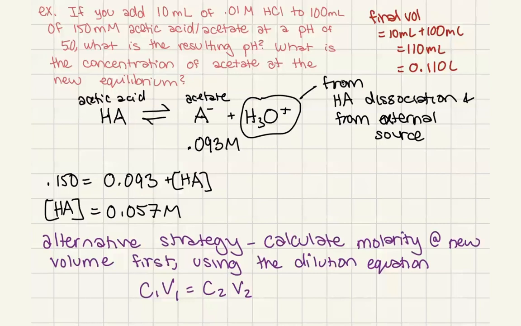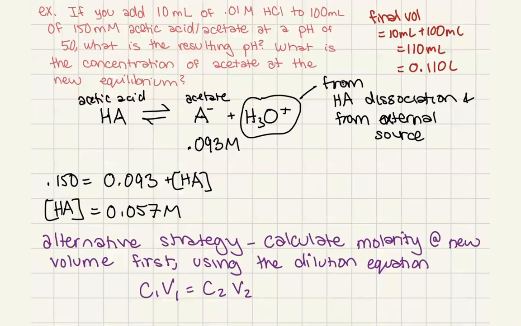So instead of setting up the ice chart in moles and then converting it, we use C1V1 equals C2V2 to figure out what the concentrations would be at the final volume. Not taking into account any actual change in their proportions, just taking into account that final volume and thinking about it like you're instantaneously adding volume but not adding the acid, and so you kind of have to just go with it.